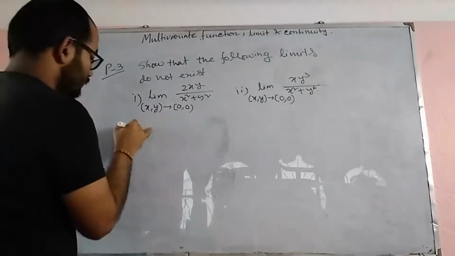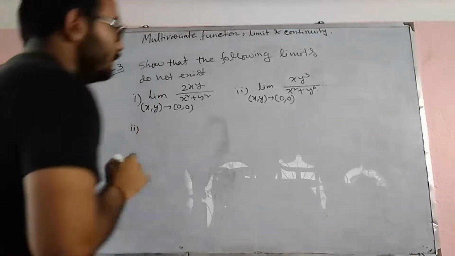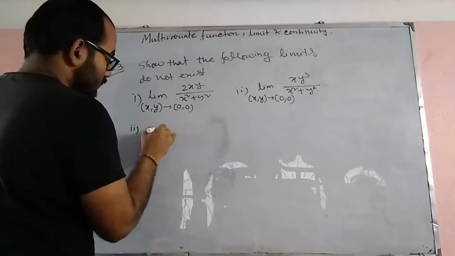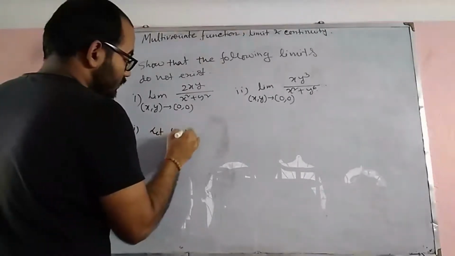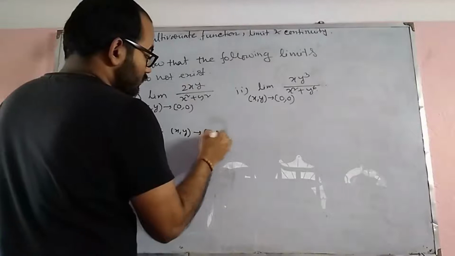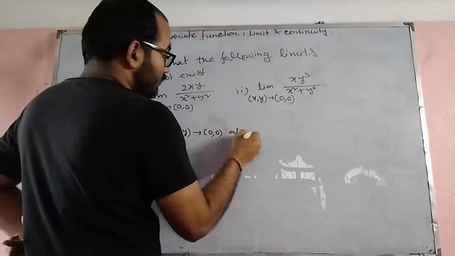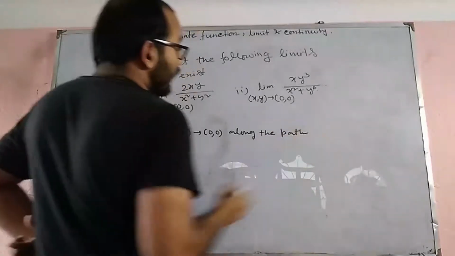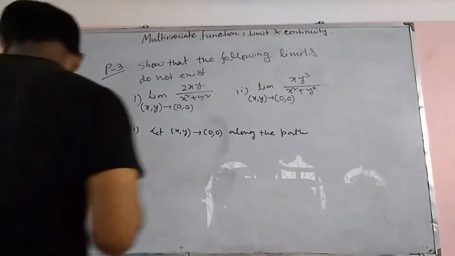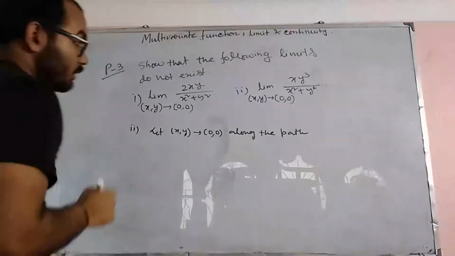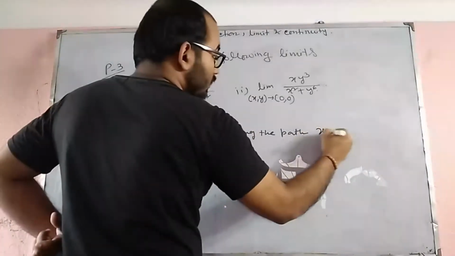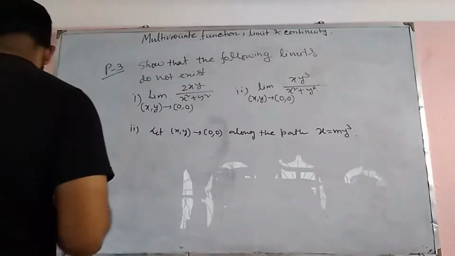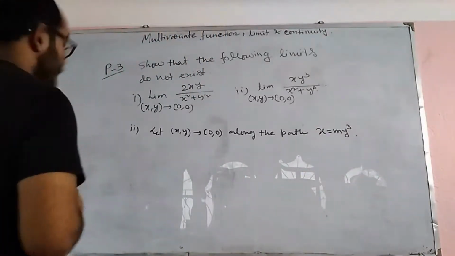Problem number 2. Let (x, y) tend to (0, 0) along the path x equal to my cube. Okay, x equal to my cube.